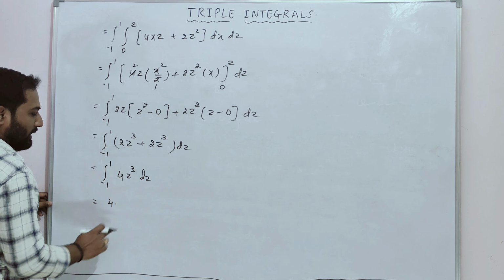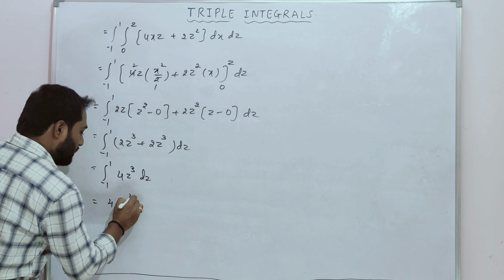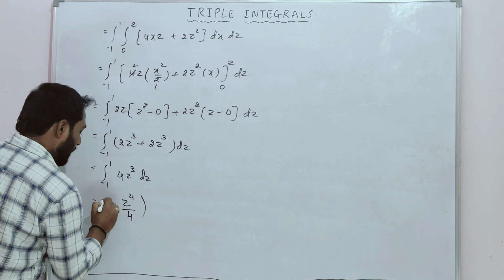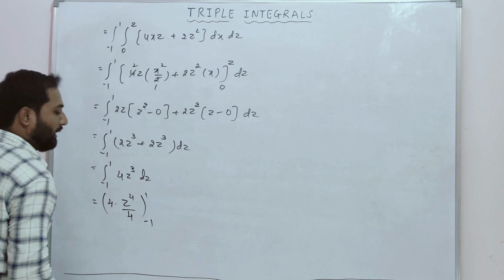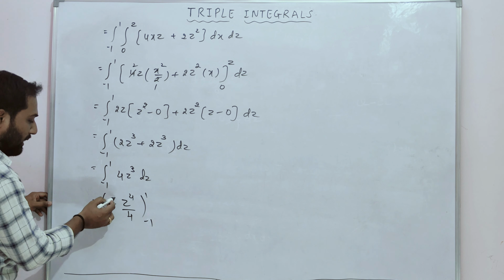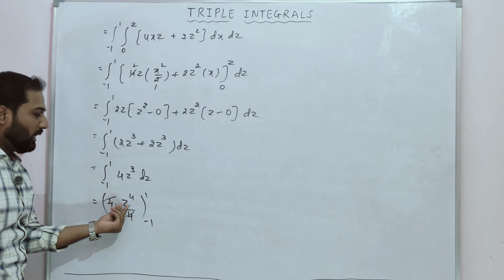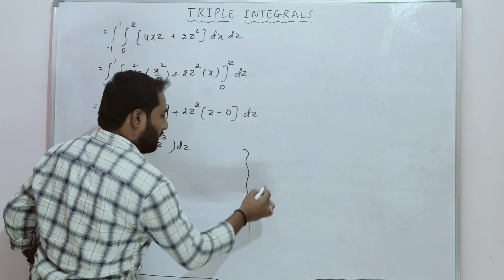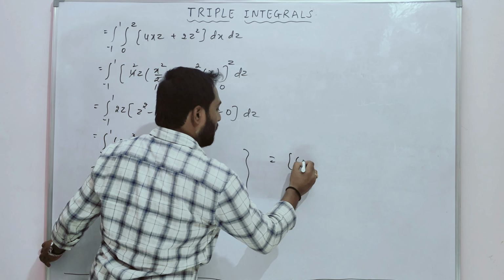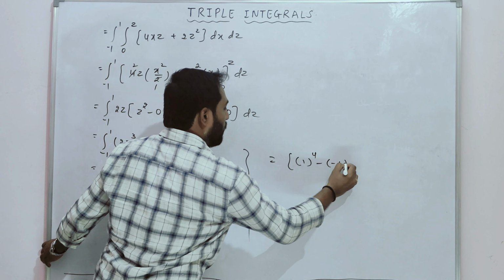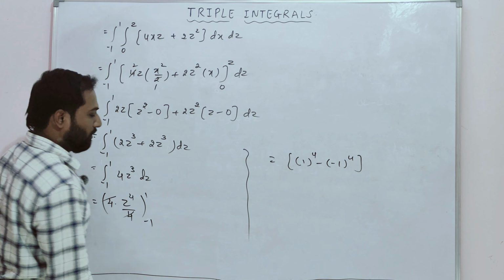So 4 constant as it is, z cube will be what? z raised to 4 by 4, and the limit will be minus 1 to 1. Now you can cancel 4 with 4. It remains only z raised to 4. I'll write here. So the upper limit is 1 to the power 4 as it is, minus lower limit is minus 1 to the power 4.